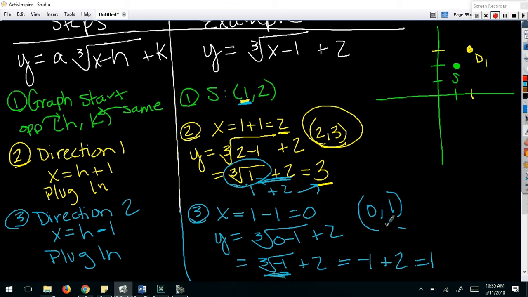But if you always add 1 and subtract 1, what's under here is always going to be 1 or negative 1. As long as you stick to what I told you to do, you'll always get a 1 or negative 1 under the radical. So you won't have to find a decimal or anything like that. That's why I have you do that. The third root of negative 1 is negative 1.